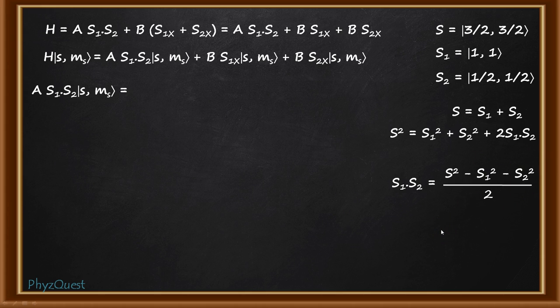We already have a constant A, and there is a half in this expression, so it will be A by 2 times S square operating on |S, MS> minus S1 square operating on |S, MS> minus S2 square operating on |S, MS>. Here I have written a general expression, that is, I have not given any values for the spin and the projection.